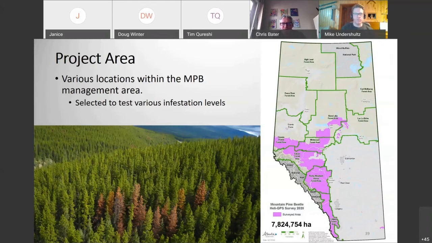As I mentioned before, we have a bit of a window that we're looking for imagery, and so if you have smoke and cloud and rain and all these types of things that we typically have some of, we might not get the imagery. And if we don't get the imagery, unfortunately, we have to have a backup plan to do the heli GPS, or else we essentially would not have a program in these areas. So there is a bit of risk to this with the acquisition of the imagery.